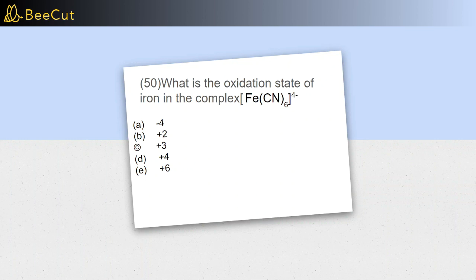Everything will be equal to -4. X plus -6 is equal to -4. X is equal to -4 plus 6, which is +2. That shows the oxidation number there is +2.